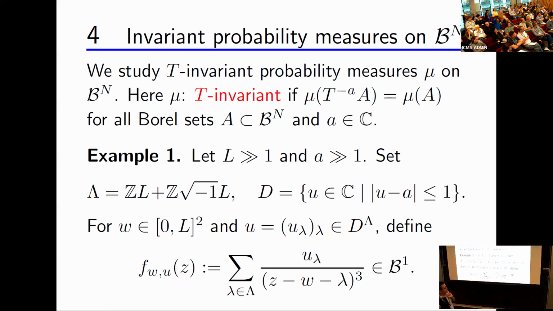By appropriately choosing the parameters L and a, we can check that the spherical derivative of this meromorphic function is always bounded by 1. So it gives Brody curves, and we have a family of Brody curves parameterized by w and u.